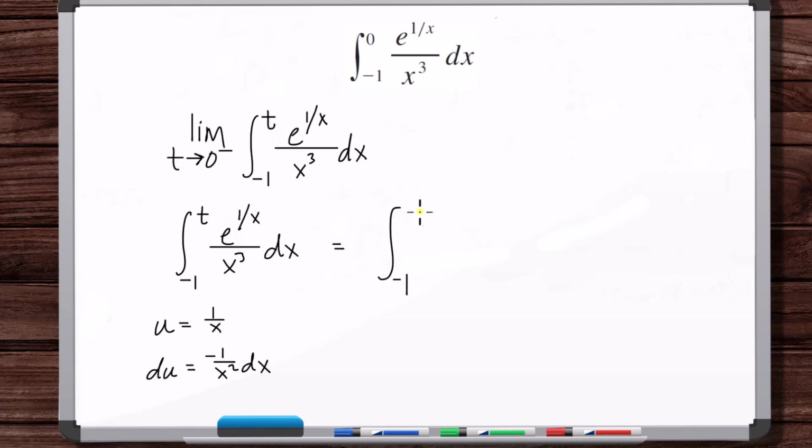When x is equal to t, u is equal to 1 over t. Okay, now we've got e to the 1 over x is e to the u. Then we've got 1 over x squared dx is minus du. And now we're just left with a 1 over x, which is u. So we've got u e to the u du.